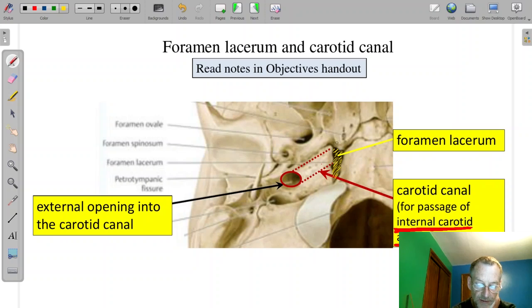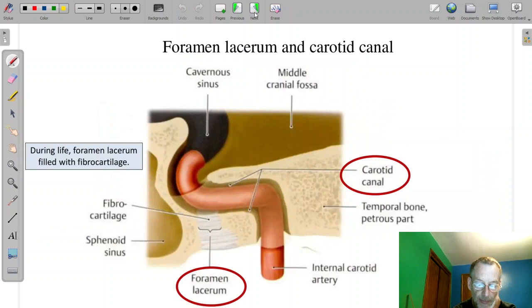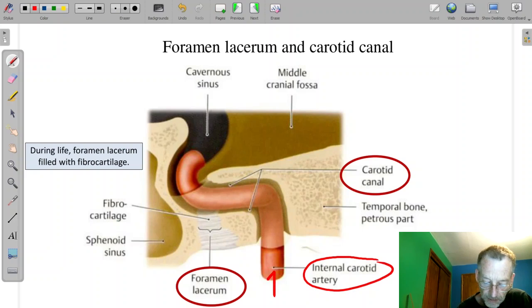So you're looking at an inferior view of the skull, and this is the entrance for the internal carotid artery. Next slide. Get yourself oriented. Here is the internal carotid artery. So this is what's coming up from the neck, and it passes through this external opening.